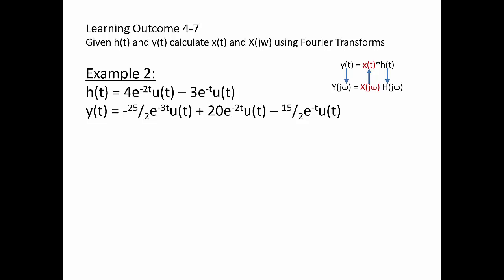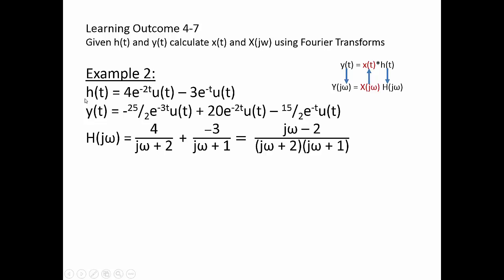Next example. We're given h and y, and we want to find x of t. First step is to take h and y, convert to the frequency domain. Look in table 4.2. What's the Fourier transform of both these terms for h of t? Look in table 4.2.